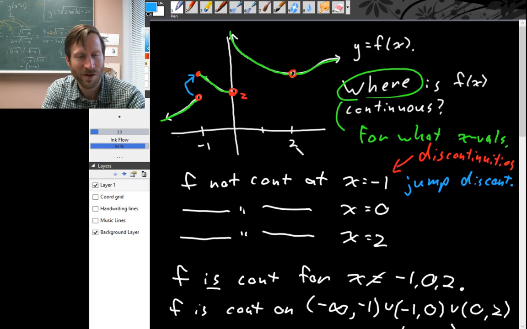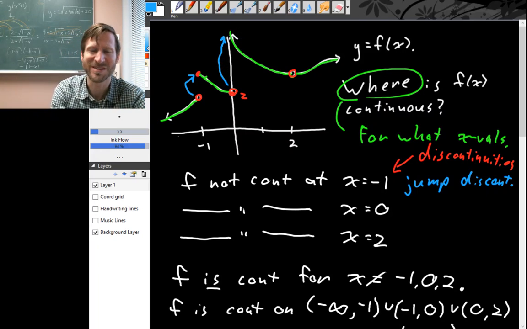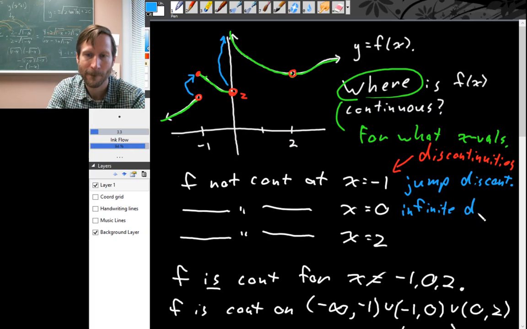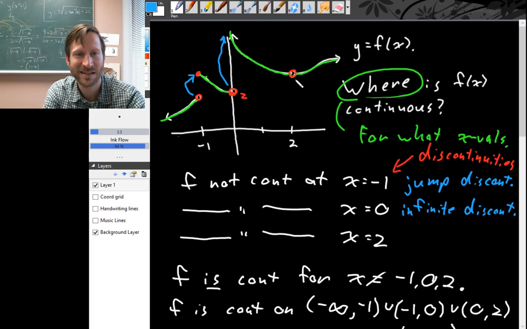At x equals 0, there's a discontinuity. Well, it's sort of because it jumps, but what it actually is jumping to is infinity. And so if one of the limits at your x value is infinity, we call that discontinuity an infinite discontinuity. All right, and then at x equals 2, well, the function actually isn't jumping here.